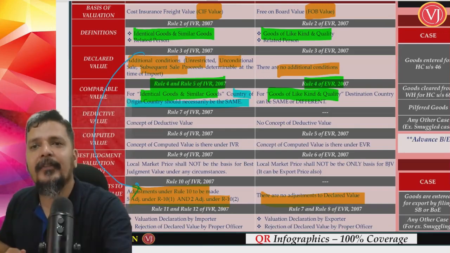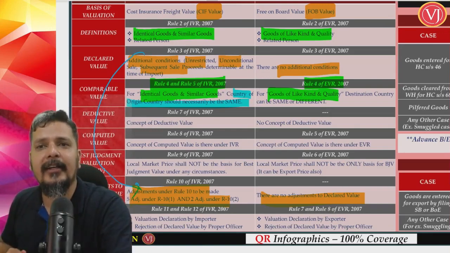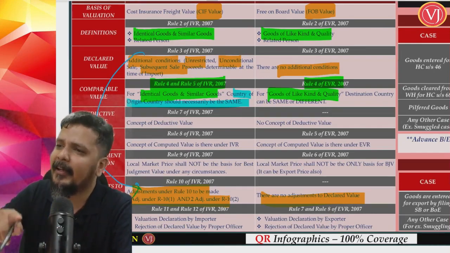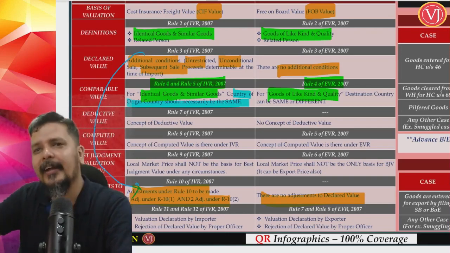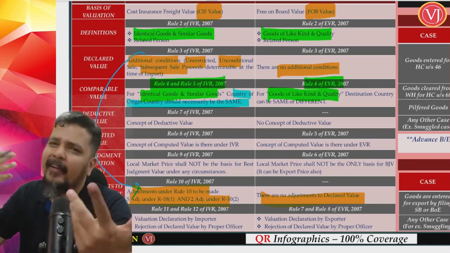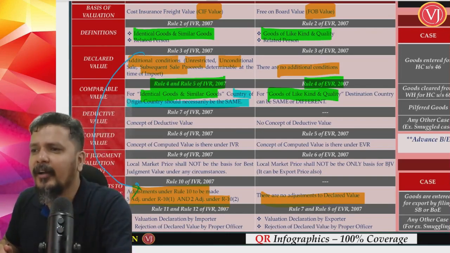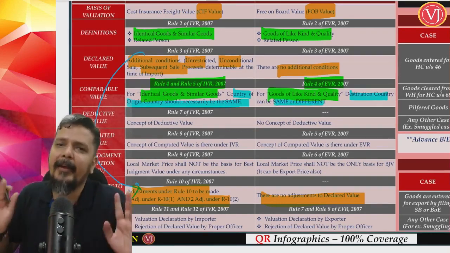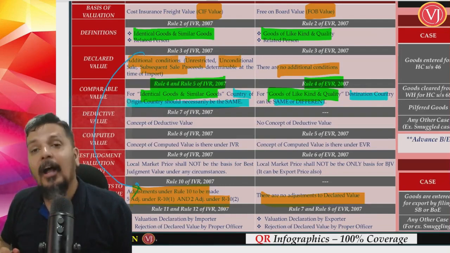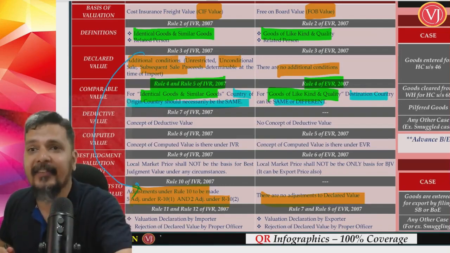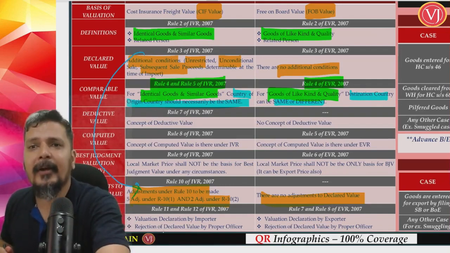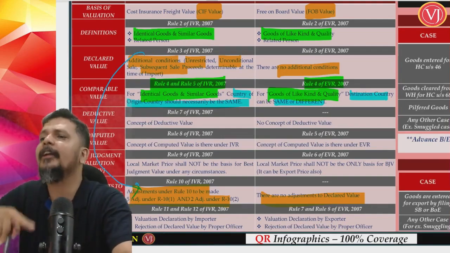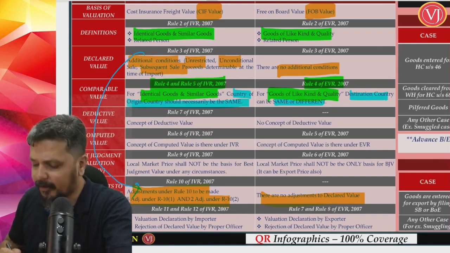When you are taking your reference point, that is goods of like kind and quality, it can be India to Sri Lanka, or India to China, or India to USA. You are not bothered. So your country of destination may be the same, may be different. But yes, you should take only export transaction. Reference point is export transaction, but not necessarily India to Sri Lanka. It may be India to Sri Lanka or India to any other country.